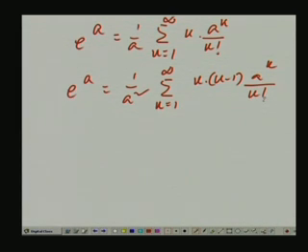Okay. Now the question is, what is the expected value of x? X takes the value 0, 1, 2, 3 and likewise.